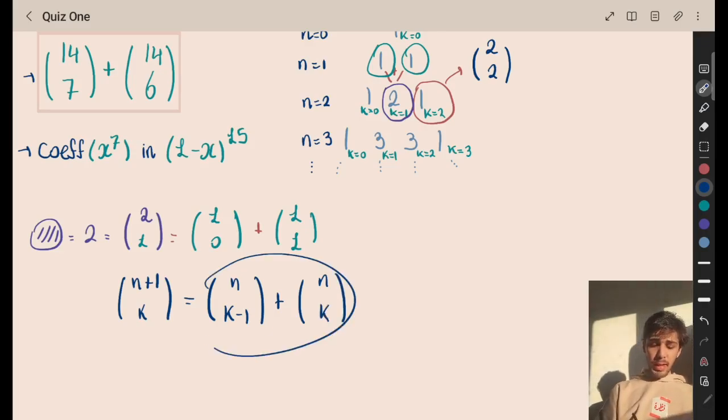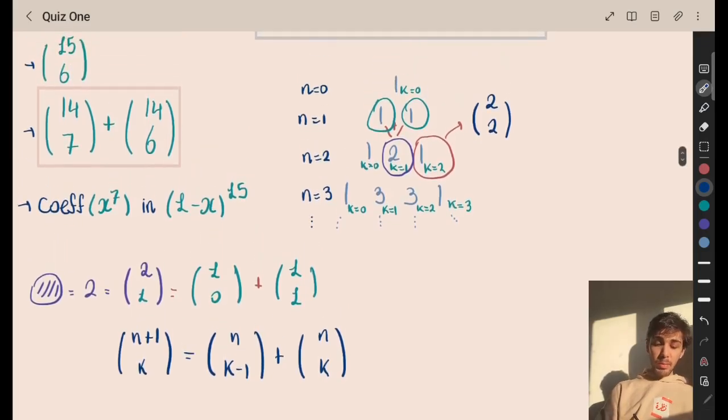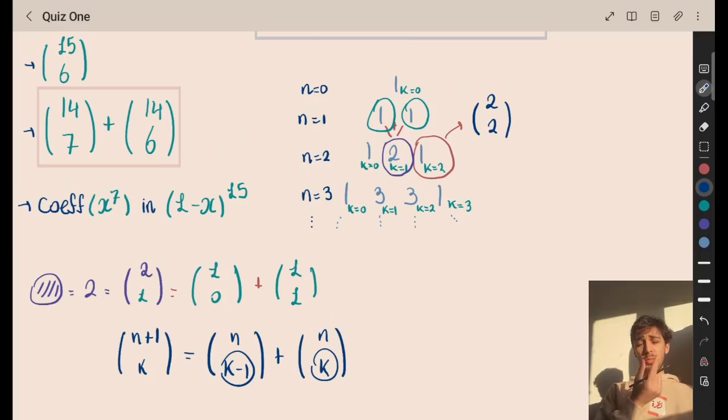Notice that if you look at n choose k minus 1 and n choose k, they will always be on the same row because they have the same n on top. And they're always going to be neighbors. So k minus 1 and then k. They come right after each other, regardless of whether you number them from left to right or from right to left. So that is really what we are aiming at here.